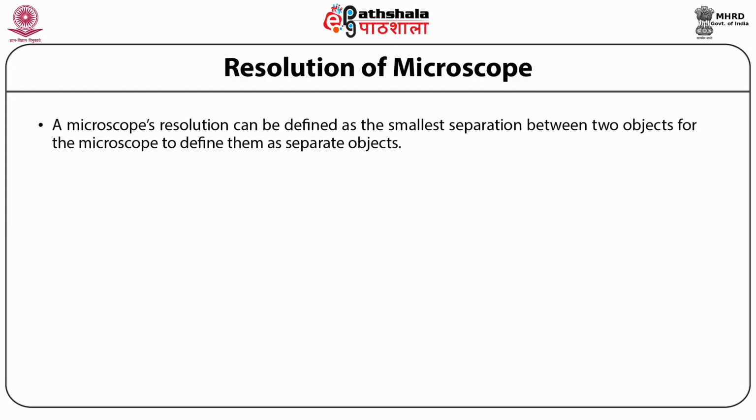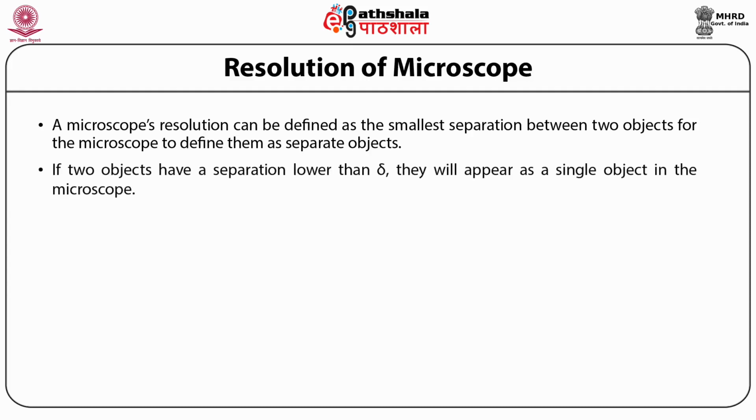Resolving power can be defined as the smallest separation between two objects for the microscope to define them as separate objects. This minimum distance is denoted as delta. If two objects have a separation lower than delta, they will appear as a single object in the microscope.